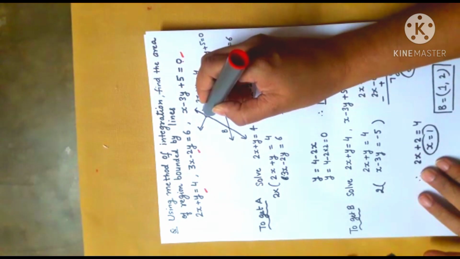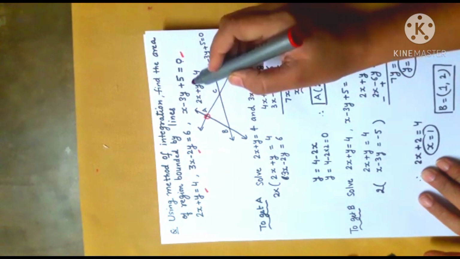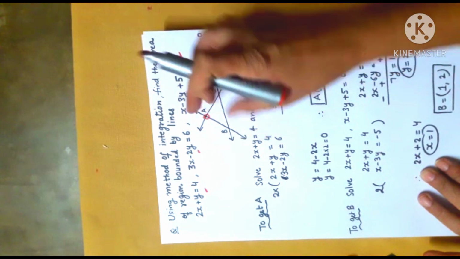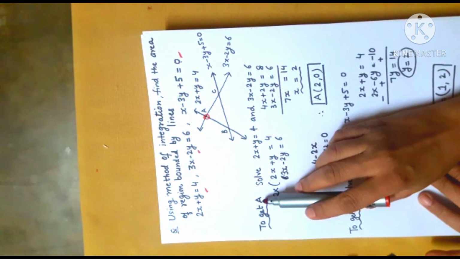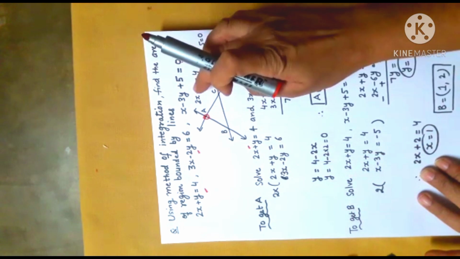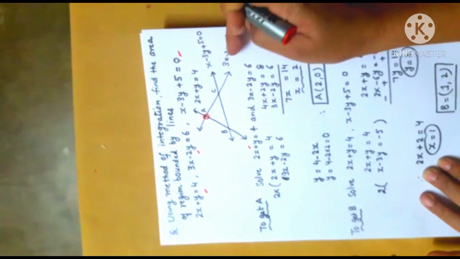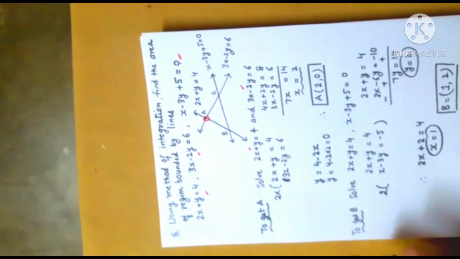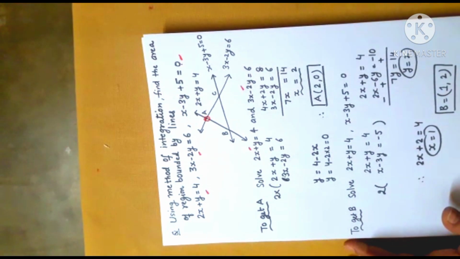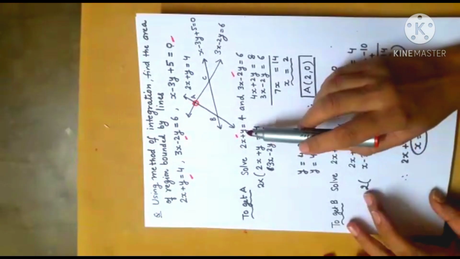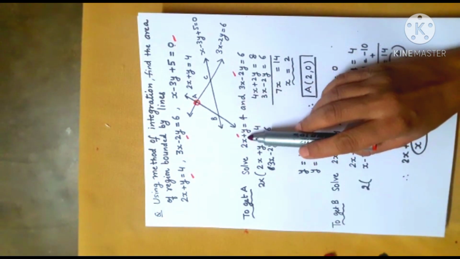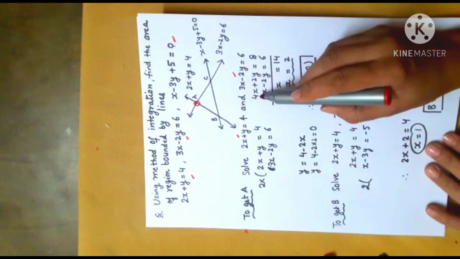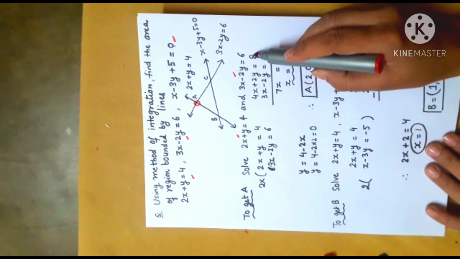Now this A is the point of intersection of this line and this line. So in order to get the coordinates of the point A, I'll solve 2x plus y equals 4 and 3x minus 2y equals 6. So in order to solve these two equations, I'll multiply this equation with 2. So I'll get 4x plus 2y equals 8.